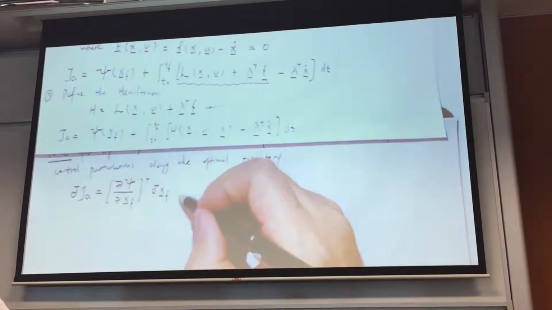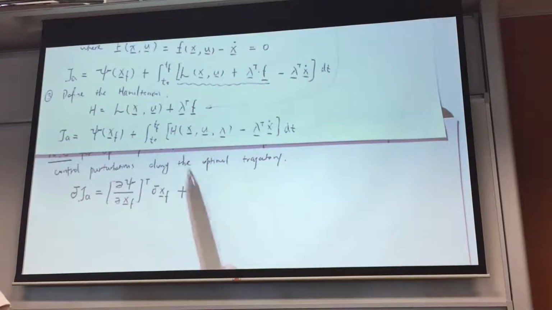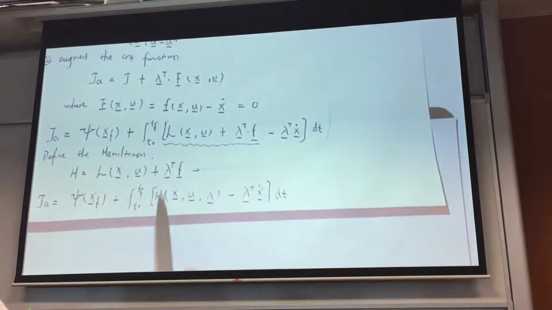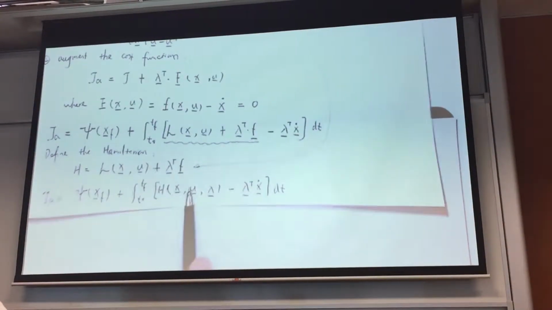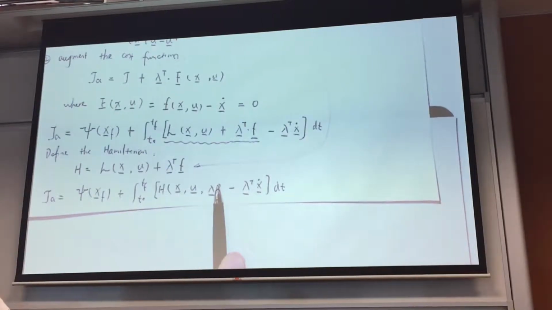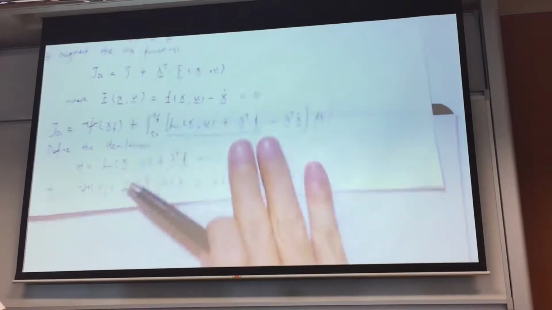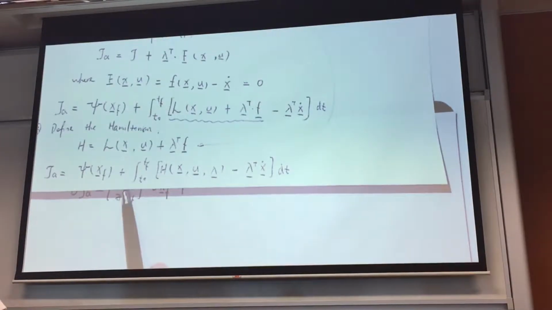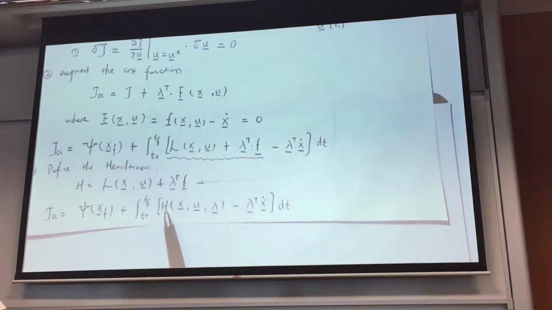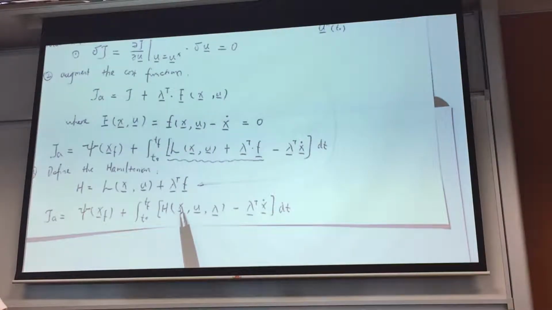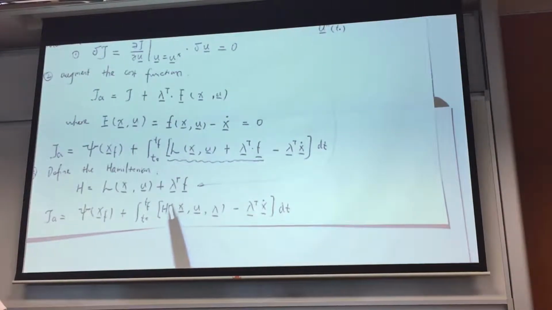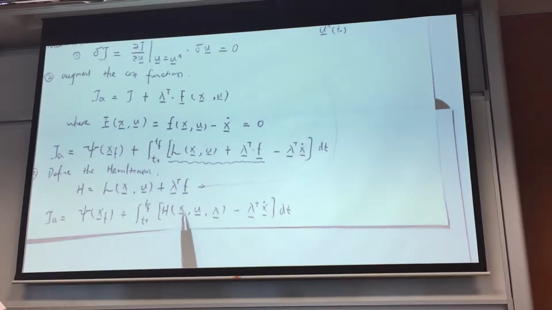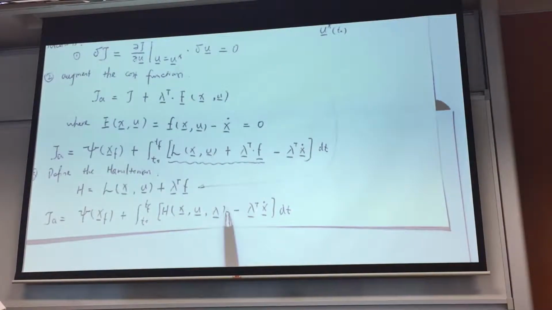Similarly, we need to perturb all the variables. This one is only a function of xf, so it only gives one term. The H is a function in terms of x, u, lambda, so this needs to be perturbed in terms of three quantities respectively.